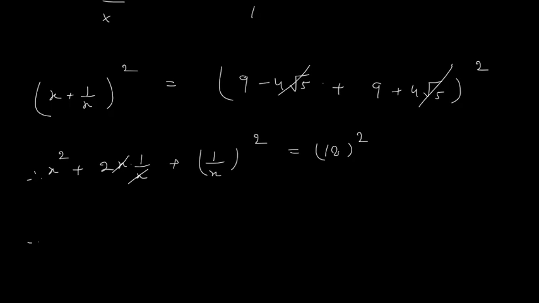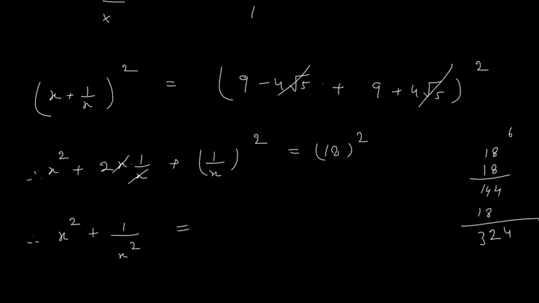So therefore I have x square plus 1 upon x square is equal to square of 18, which is 324, 18 into 18. This is 4, this is 2, this is 3, 324.